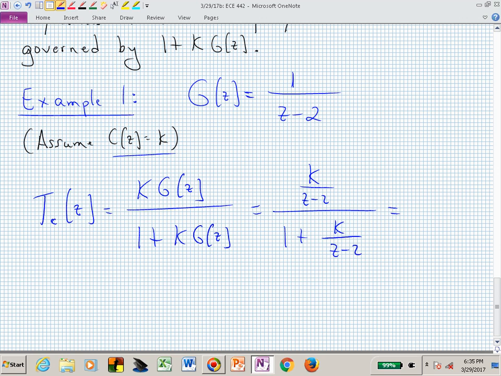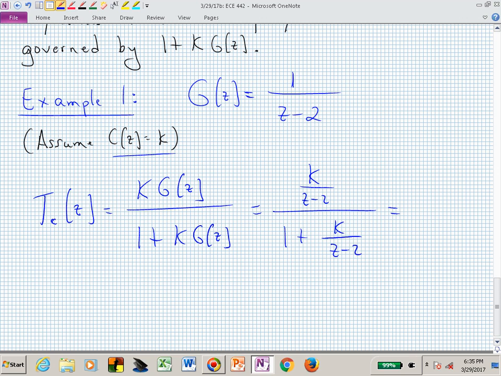So now my Z's have a line in the middle. The 2 looks kind of like a Z, but it doesn't have a line in it. Zebras have lines, so that's good. All right. So now we have K over Z minus 2 over 1 plus K over Z minus 2.